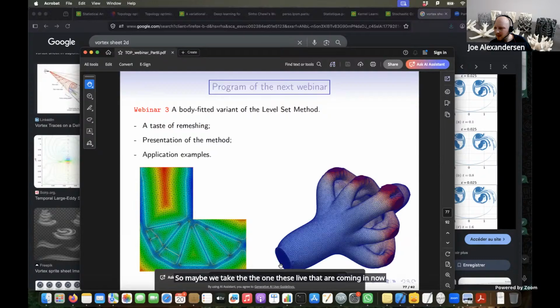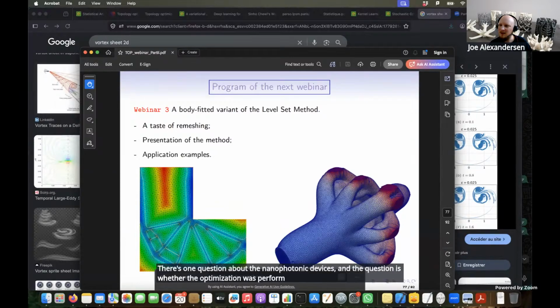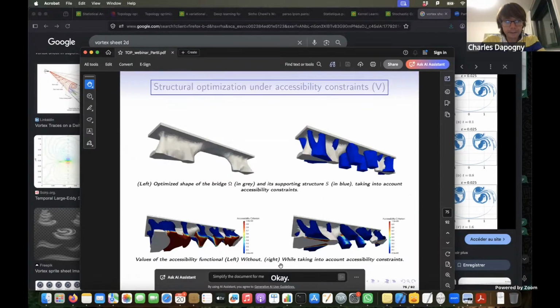So there's one question about the nanophotonic devices, and the question is whether the optimization was performed for a single operating wavelength. Okay, so that's a good point.